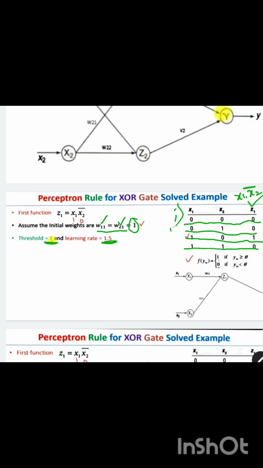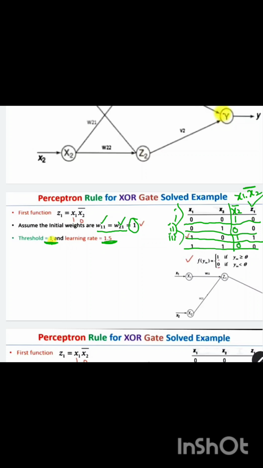Now in the second example, x1 is 0. 0 multiplied by anything would be 0. So the output is 0. In the third example, x1 is 1. x2 bar means, these are the values that I'm writing here for you to understand for x2 bar. So this is x2 bar, this is x2 bar, this is x2 bar, this is x2 bar.